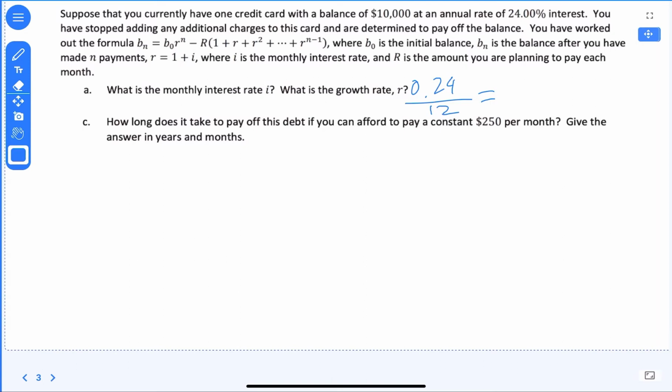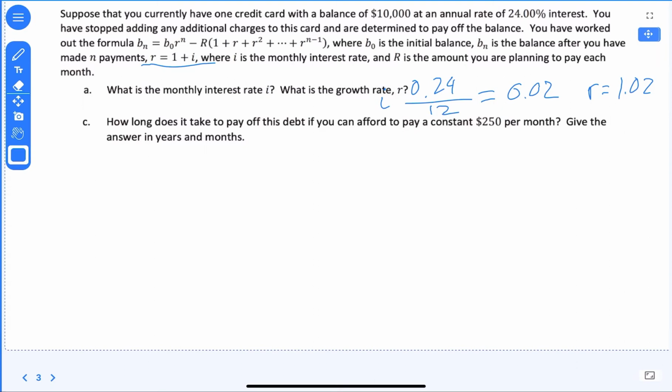So this one looks tricky for some reason, but it's not. So, well, sorry, I got ahead of myself. So I is equal to 0.02, but R is going to equal 1.02, because remember, R is 1 plus I. Okay, so there's your I, and there's your R.